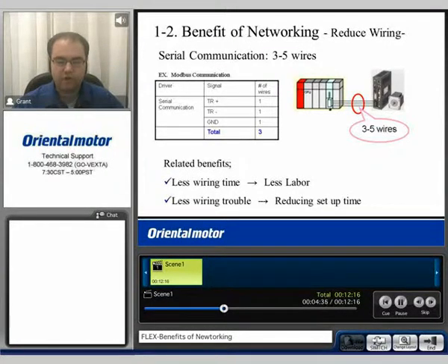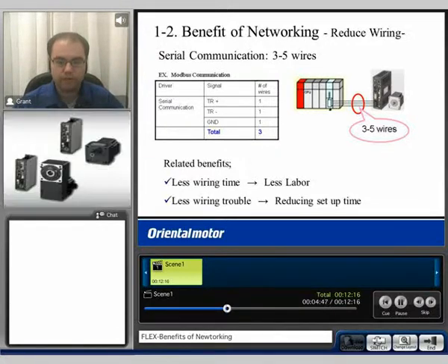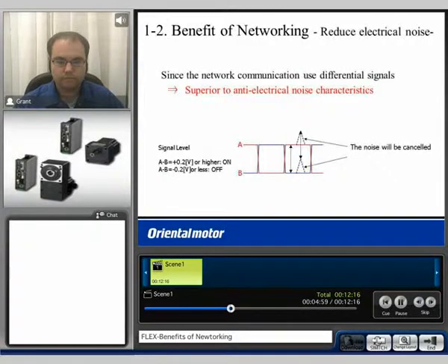Now, with the introduction of networking products, we can greatly reduce that. In general, serial communication can be between 3 to 5 wires, depending on whether you're doing RS-485 or RS-422. This equates to less wiring time, which means less labor, as well as less wire trouble, which means reducing the overall setup time and or troubleshooting times.